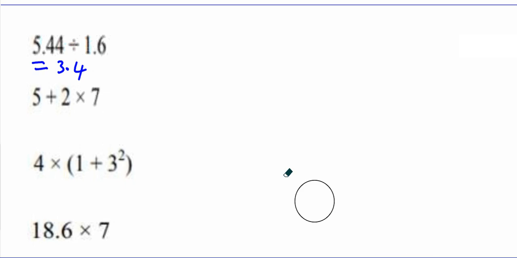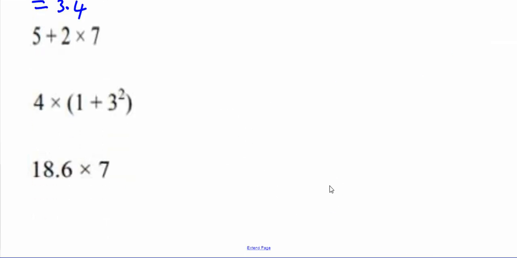Okay, now we're on this question here. This question says 5 plus 2 times 7. Okay, remember what we said? We have 2 signs in this calculation. One is plus, another one is multiplication.